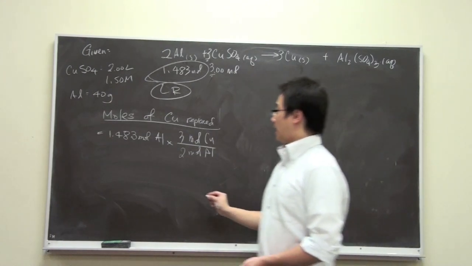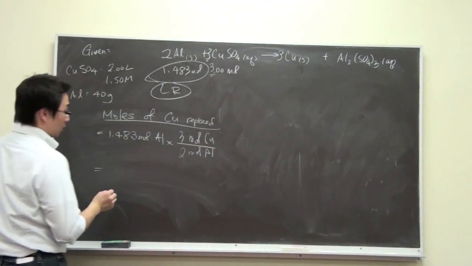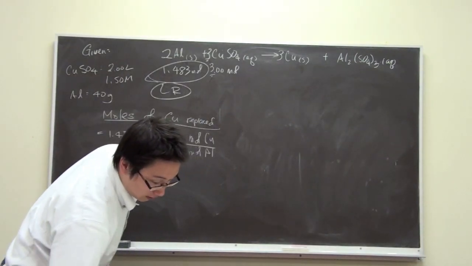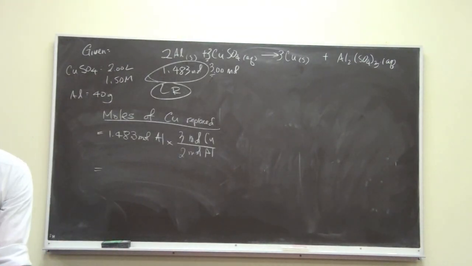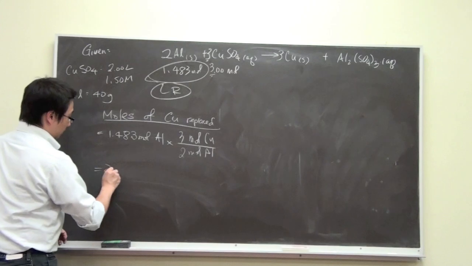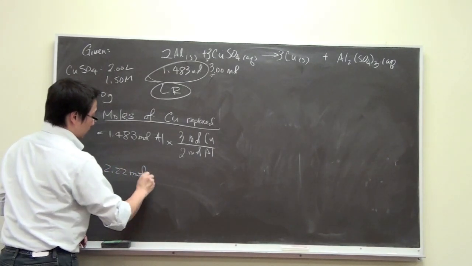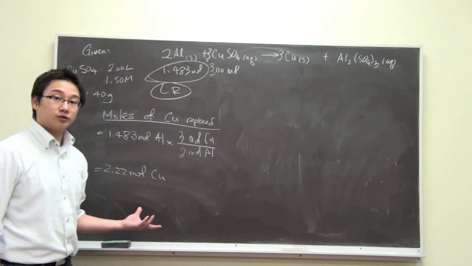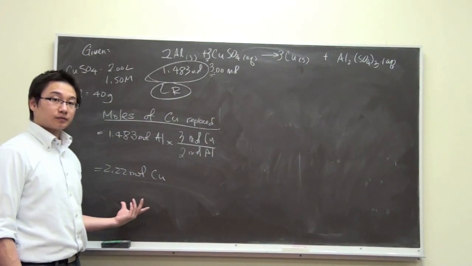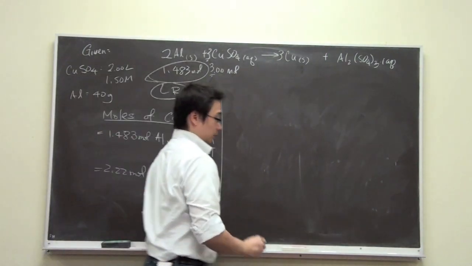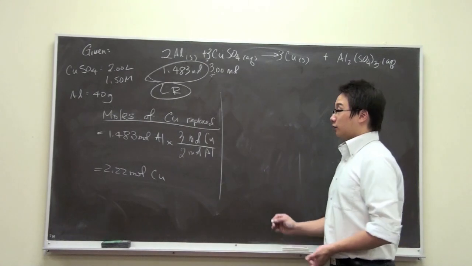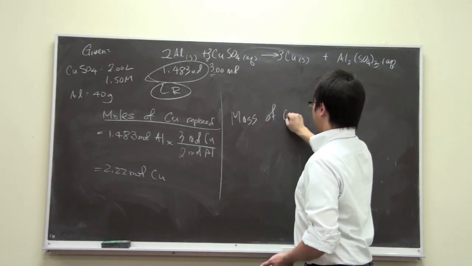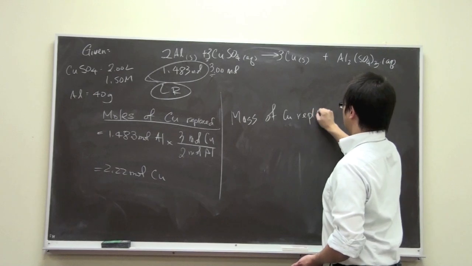Okay, and if we use a calculator, we will find out that this is equal to 2.22 moles of copper. This is the number of moles of copper replaced. And then we can make use of this mole to find out what is the mass of copper replaced.